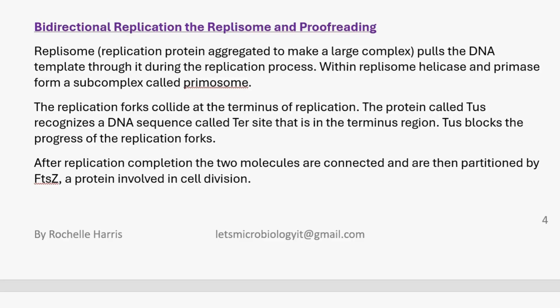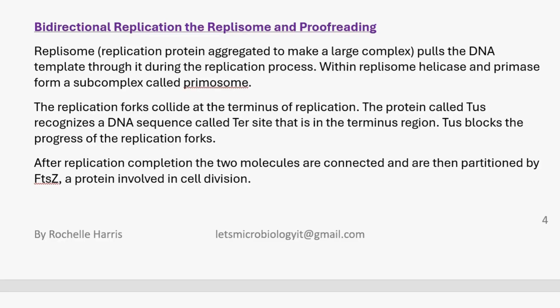Here, a protein called Tus binds to a specific DNA sequence known as the Ter site, effectively halting the replication forks. After replication concludes, the two newly formed DNA molecules remain connected and are separated during cell division by FtsZ, a protein involved in cytokinesis.